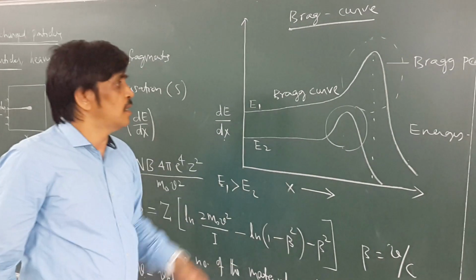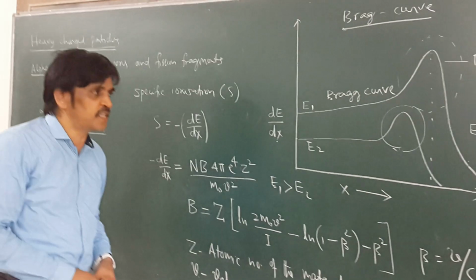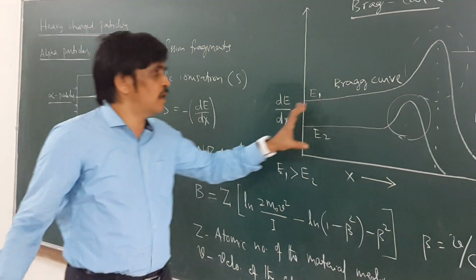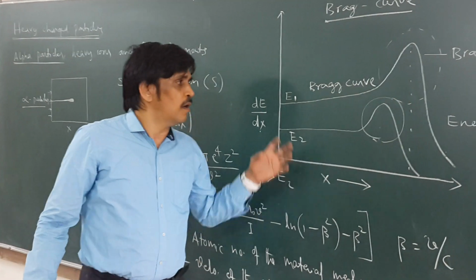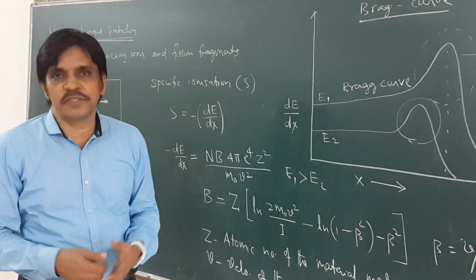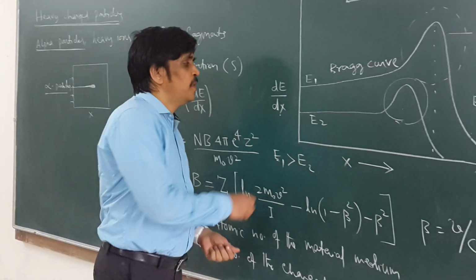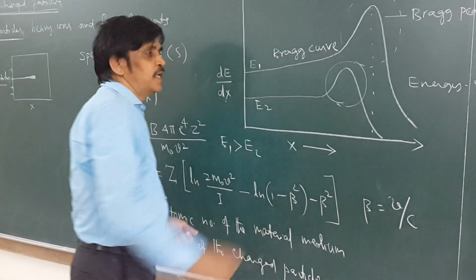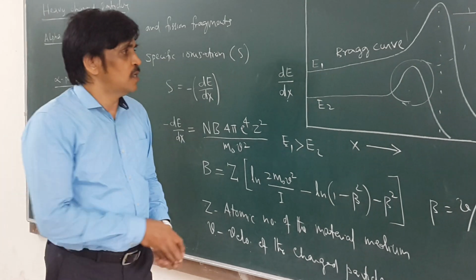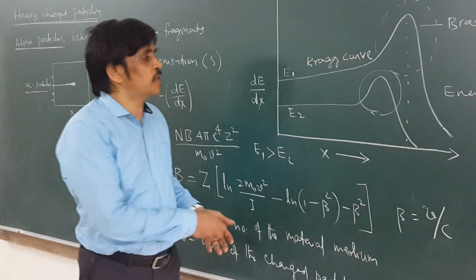These Bragg curves are of practical importance in radiation therapy. Suppose you make use of radiation for cancer treatment and the tumor is located deeper inside the human body, then you will be able to deliver the dose specifically to that target. By changing the energy of the alpha particle, you will be able to target it.